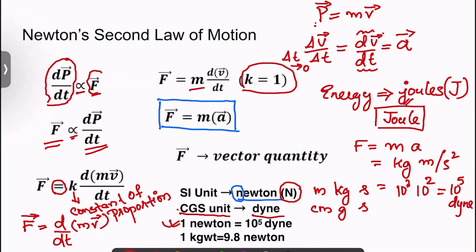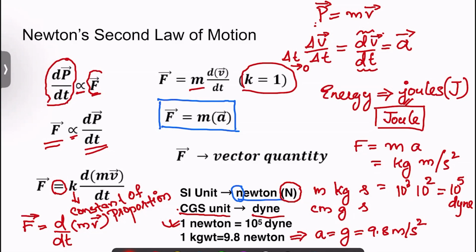And kilogram weight, this is also a unit. This is equal to 9.8 Newton. We are getting this using acceleration equal to g, so g is 9.8 meter per second square. This is a standard unit for calculation which is related to Earth's gravity and the weight of the object.